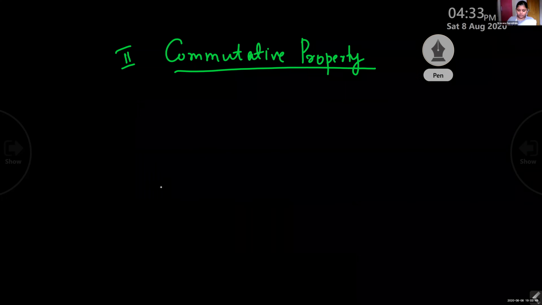So if we change the order of the numbers, the answer will not change. Clear? Yes, ma'am. So commutative property. Commute means keep one thing in place of another. So commutative means if we add two or three numbers and change the order, the answer will not change. We can add the numbers in any order.